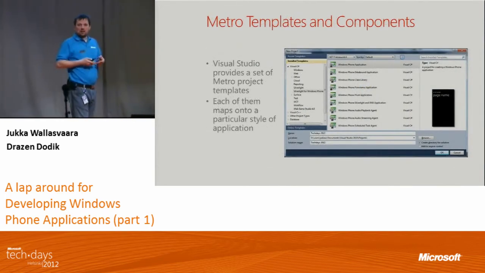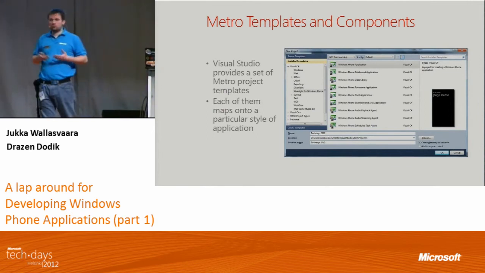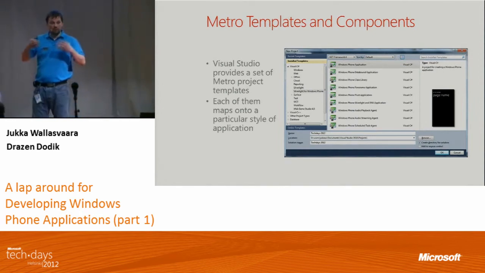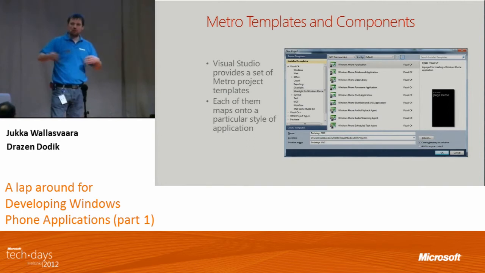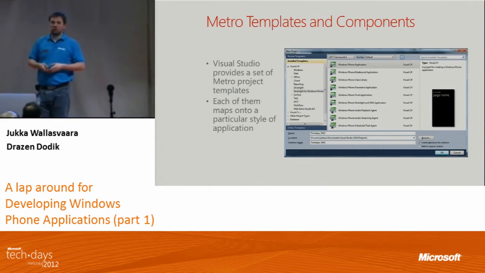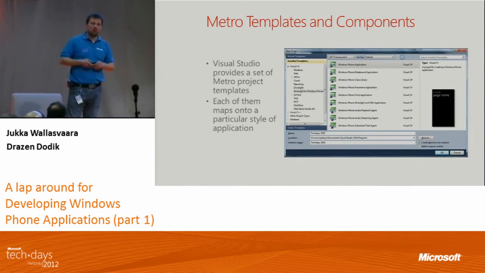Also the templates. There are a lot of different templates in the SDK. So use those templates to actually build up the application, and familiarize yourself with them. There are different templates for the background agents. There are different templates for panorama and so on. So it's a really easy way. And also the data bound template is really good, which you should definitely check out.